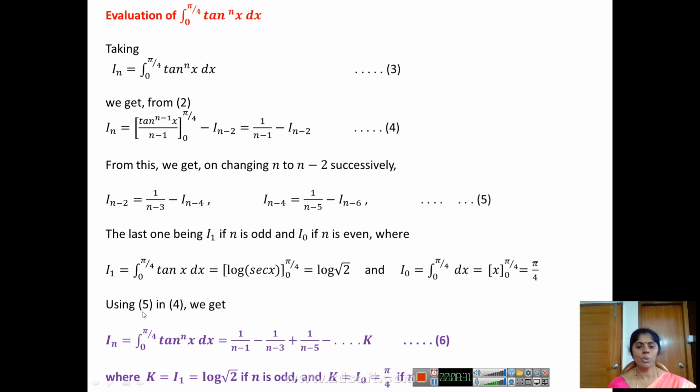So using 5 in 4 we get I n equals integral 0 to pi by 4 of tan to the power n of x dx, which is the alternating sum: 1 divided by n minus 1 minus 1 divided by n minus 3 plus 1 divided by n minus 5, up to the last term. If n is even, the last term gives pi by 4. If n is odd, it gives log of root 2.